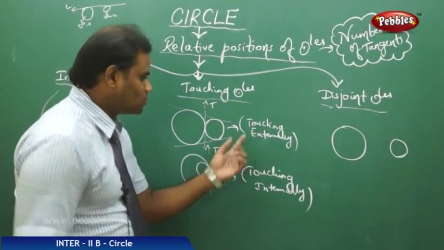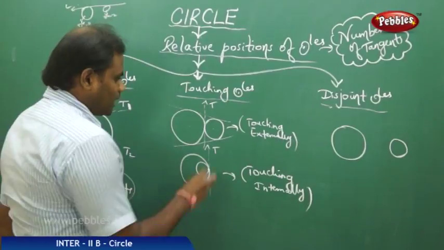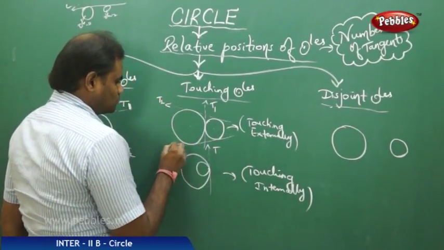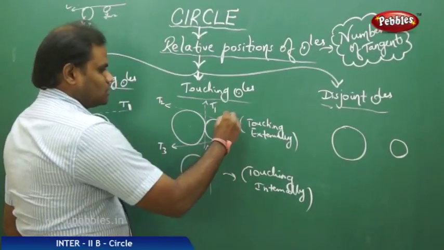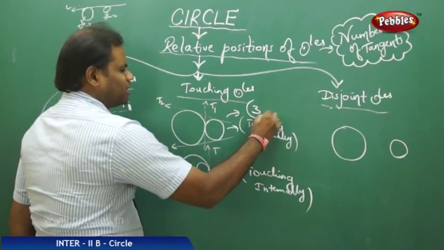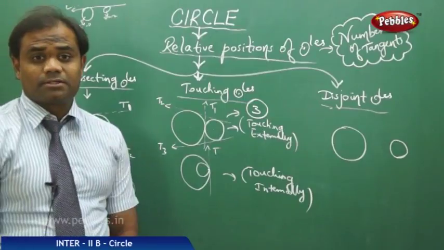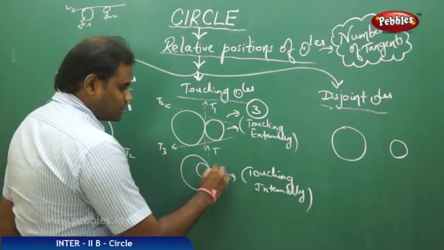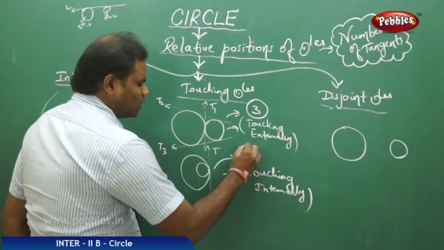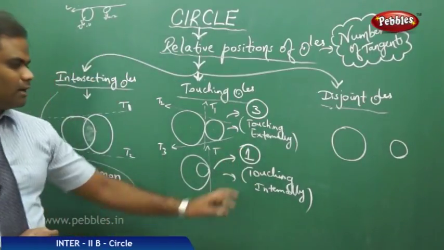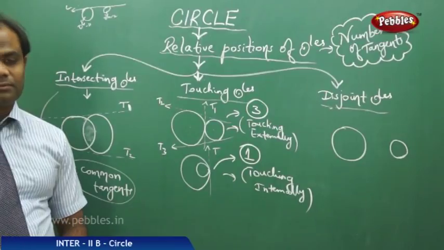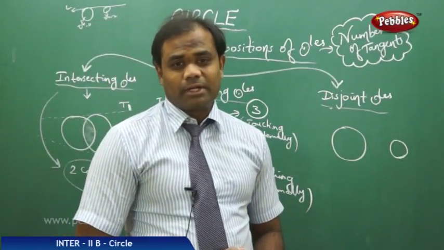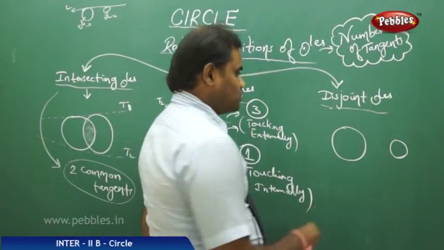Therefore, when the two circles touch externally, I have totally 1, 2 and 3, so there are 3 common tangents. But in case of touching internally, there is only one common tangent for the two circles.